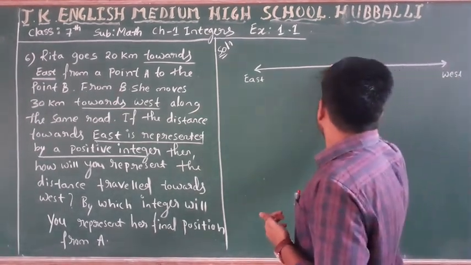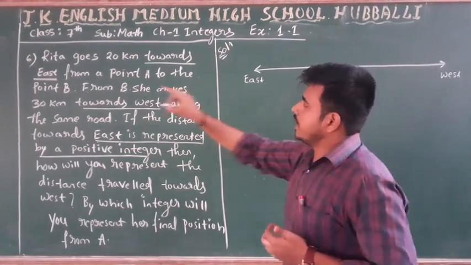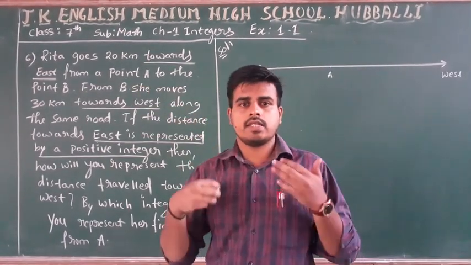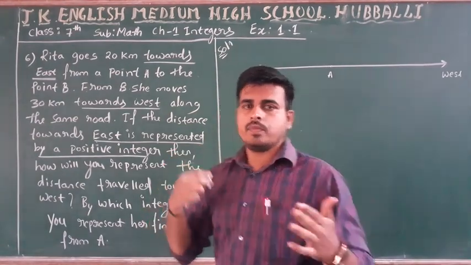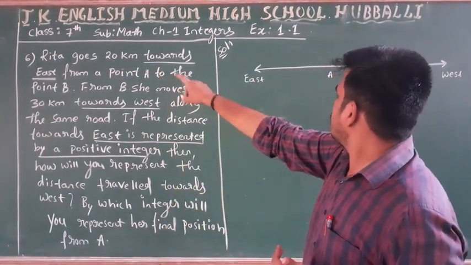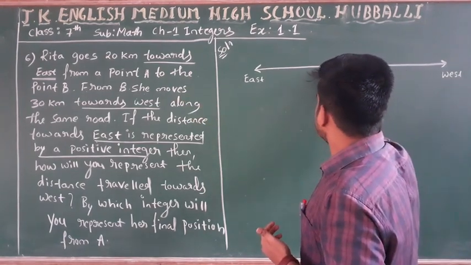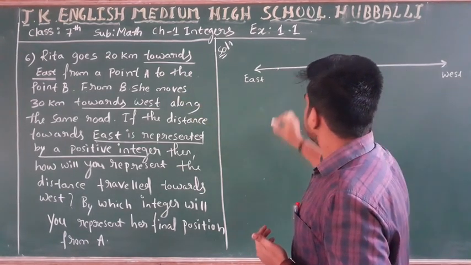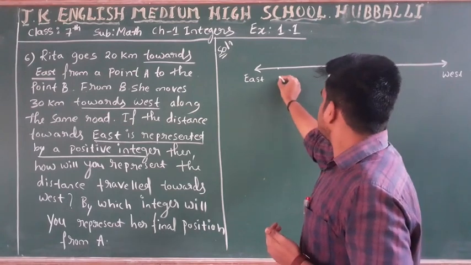Let A be the initial position of Rita. Rita starts her journey from point A. Rita goes 20 kilometers towards east.